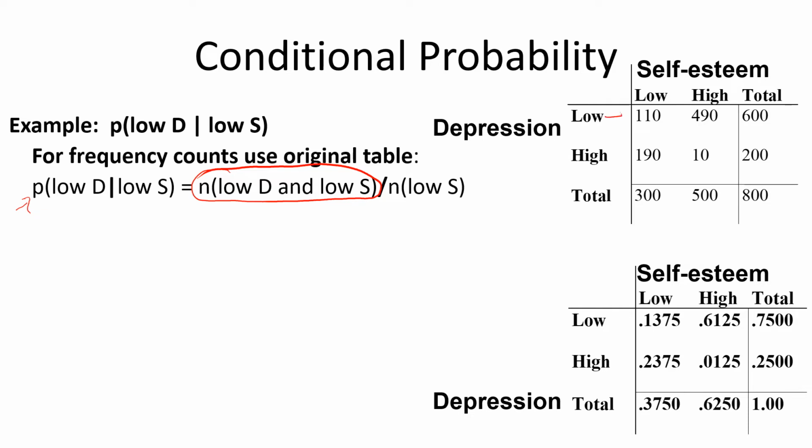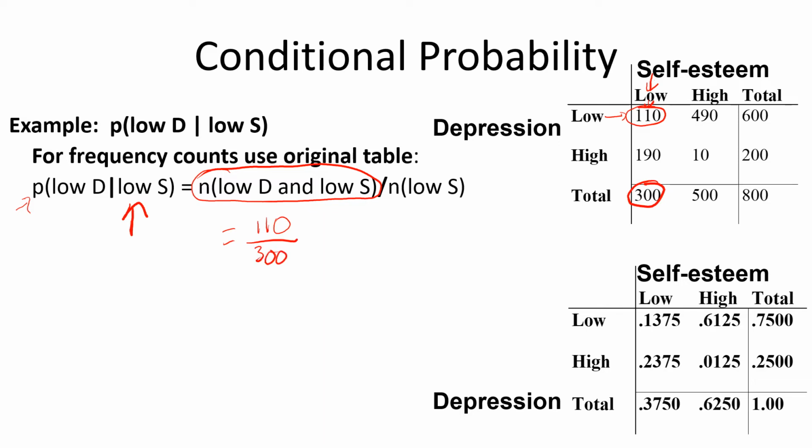Low depression, low self-esteem, we've got 110. So it is equal to 110 divided by the marginal frequency of the given variable. We're doing low depression given low self-esteem, so we look at low self-esteem's marginal frequency of 300.